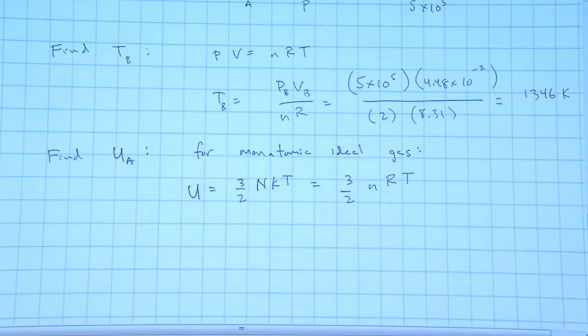So I'll use the second one I have here. 3/2, 2 moles, 8.31 joules per mole Kelvin, and 673 Kelvin is the temperature at state A.